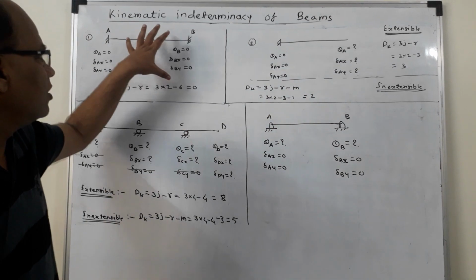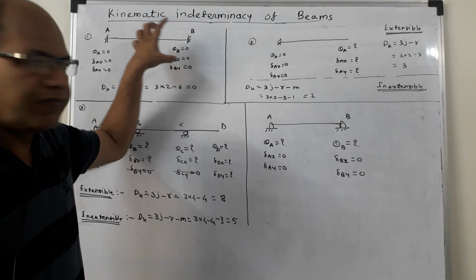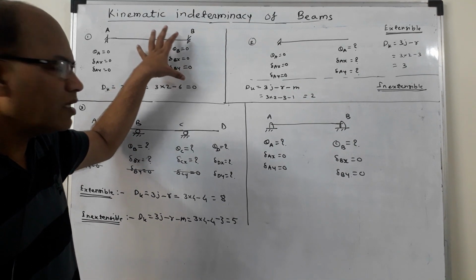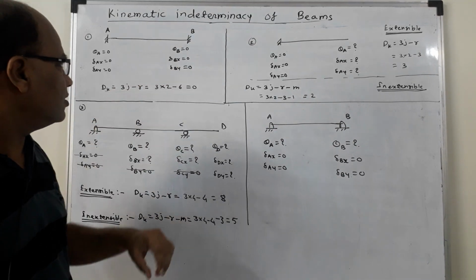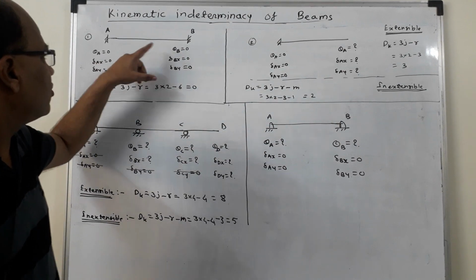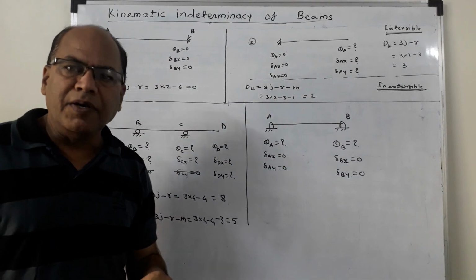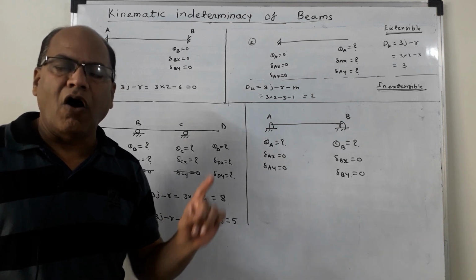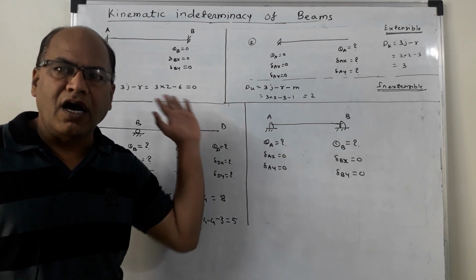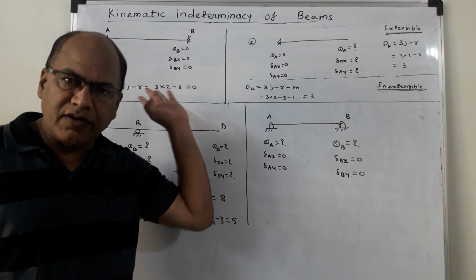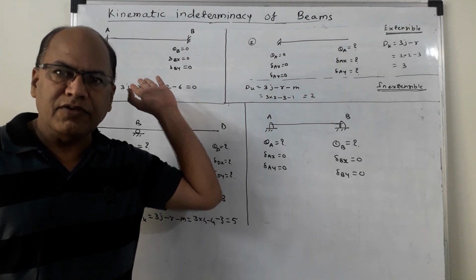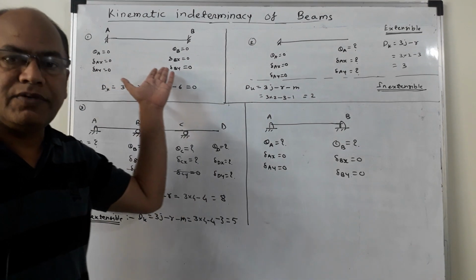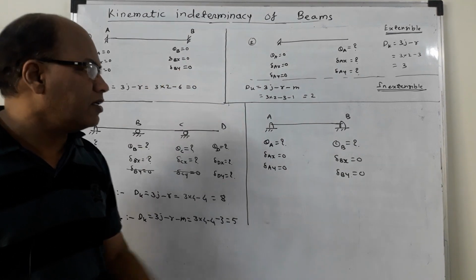So this is how we can work out the degree of freedom or degree of kinematic indeterminacy for this beam. So I can make one comment for the fixed beam. The fixed beam is kinematically determinate, means all the displacement components are known to us. We have calculated these displacement components and they are working out to be 0. So it is kinematically determinate.